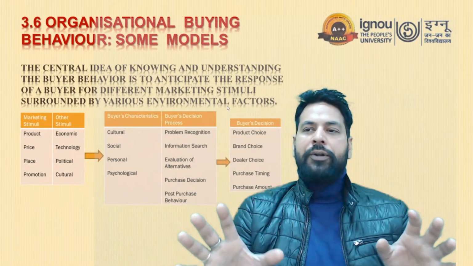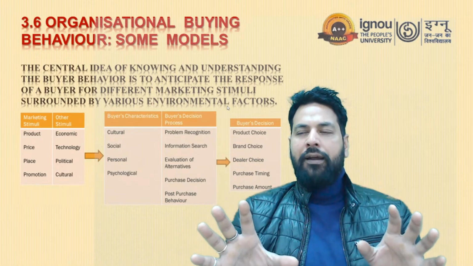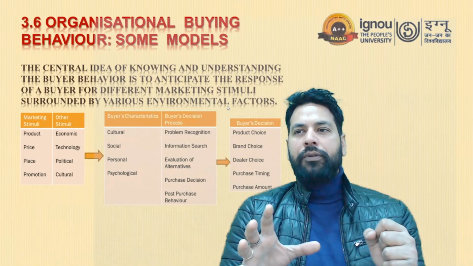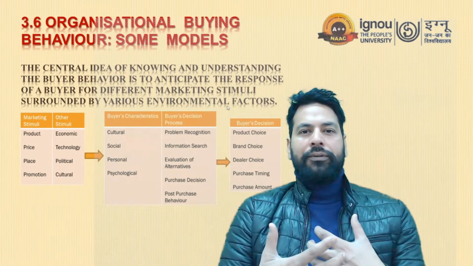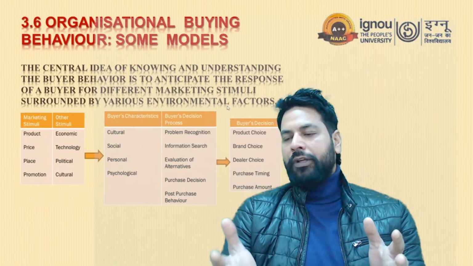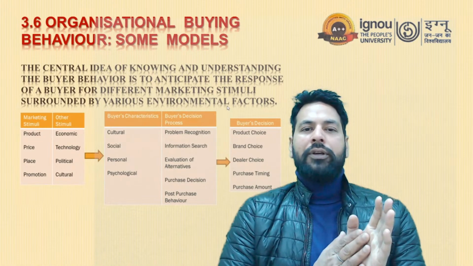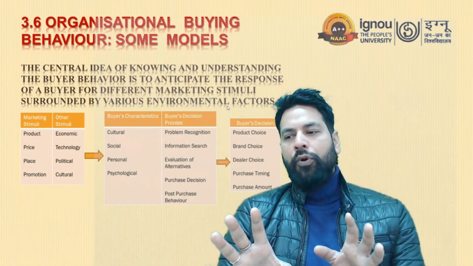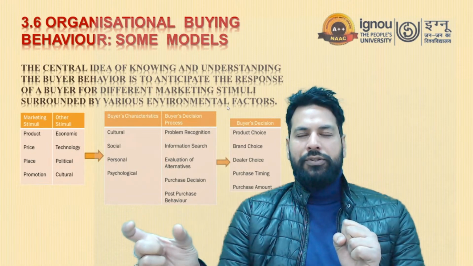So first thing first, there are certain stimuli along with the four P's. There are other stimuli which act together with the buyer characteristics. It can be an individual, it can be an organization. Here in this case, we are talking about organizational buying behavior. And this plays a role in the buying decision, which is a five-step process.